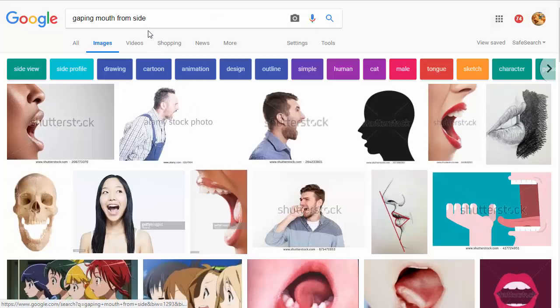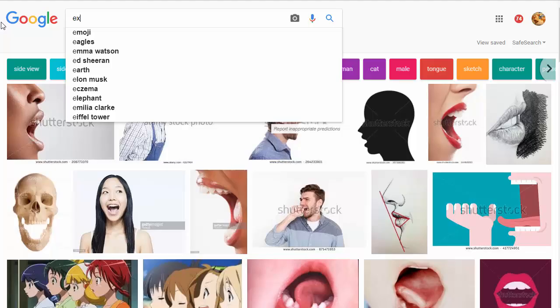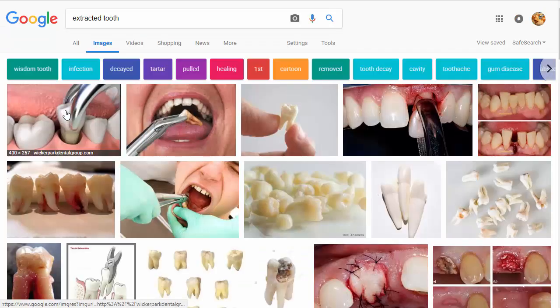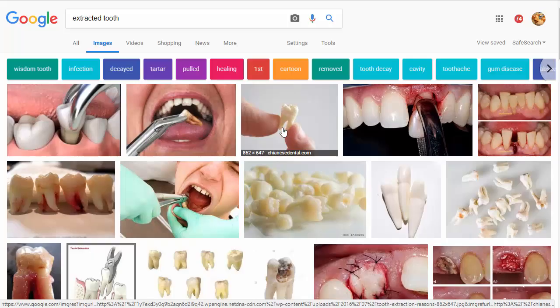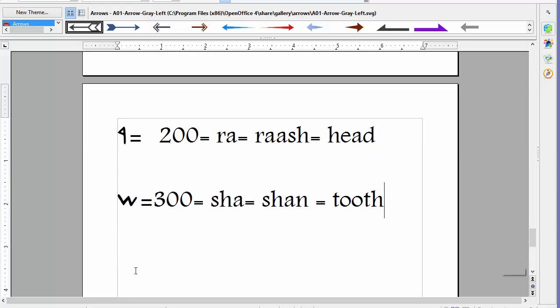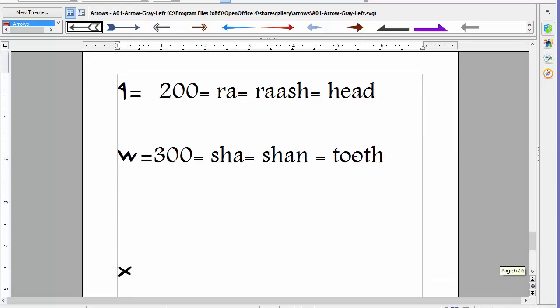Let's see. Extracted tooth. See right here? See the bottom of the tooth? How the bottom of the tooth looks? It has that split. Well, that's where the Hebrew character Shah comes from. Shun, which is tooth.